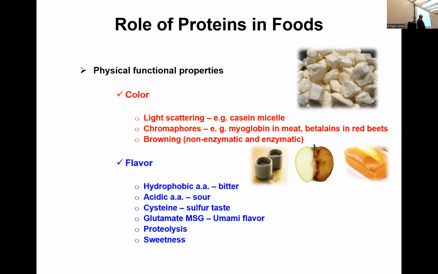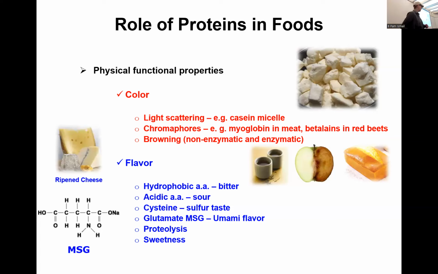Egg protein has a lot of sulfur in it, so you get that sulfury note. Monosodium glutamate, basically your MSG, gives you that umami flavor. That's the glutamate salt.